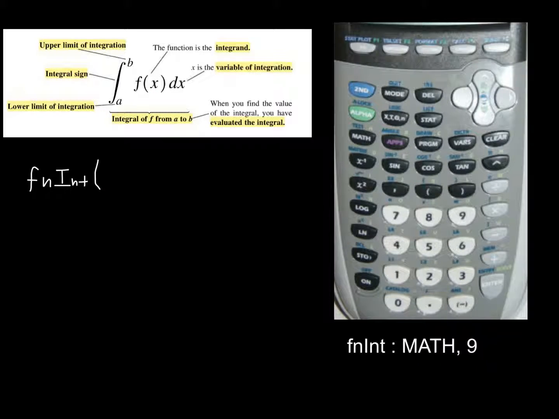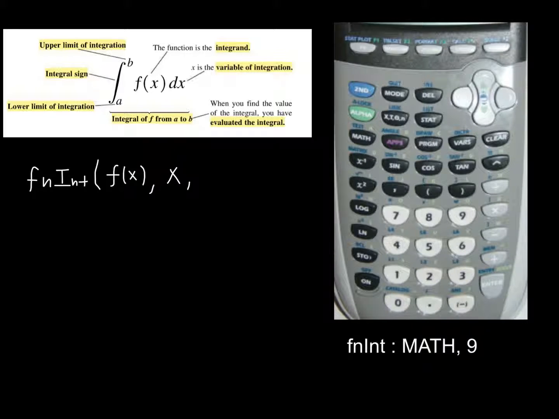The first thing that you're going to tell it is the function that you want to integrate. So first you're going to give it the integrand, and then you're going to put a comma, and the next thing you need to say is the variable that you're integrating with respect to. In almost all cases, we're going to be using x as our variable, so we're going to input the value x. Okay, and then comma, and you need to make sure you're putting these commas in yourself.